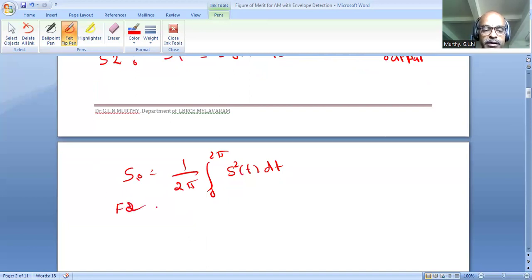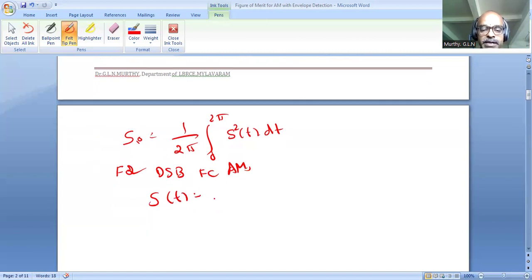For double sideband full carrier AM, it is known that S of t, the modulated signal, is given as Ac into 1 plus Ka M of t into cos omega Ct or cos 2 pi f Ct. It does not matter whether you write cos omega Ct or cos 2 pi f Ct.